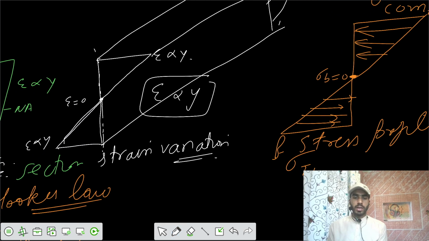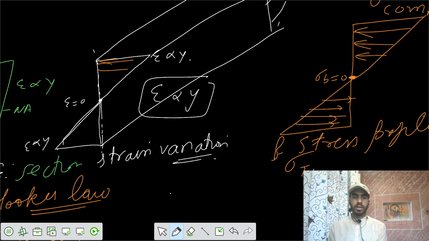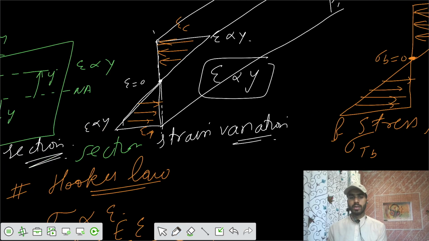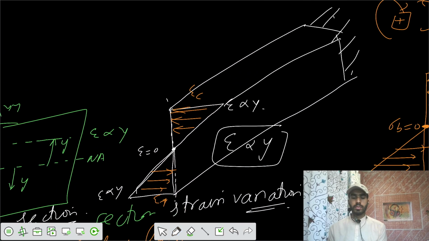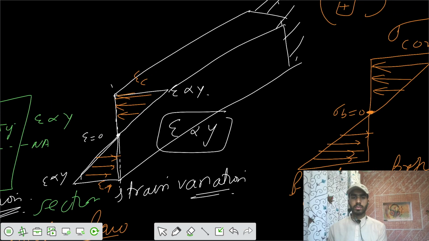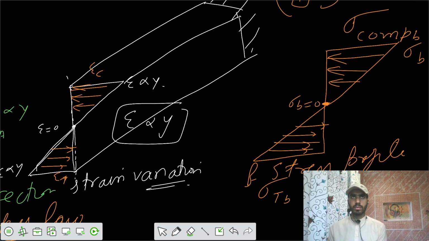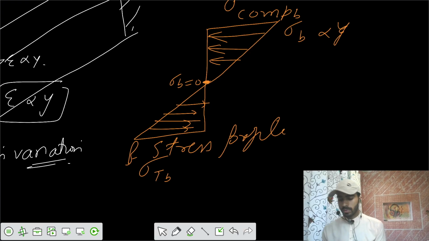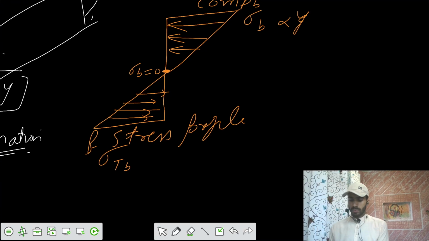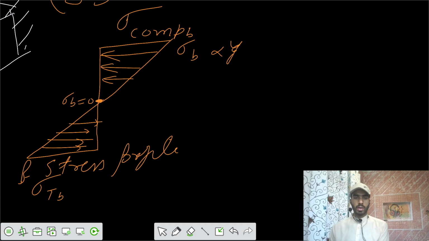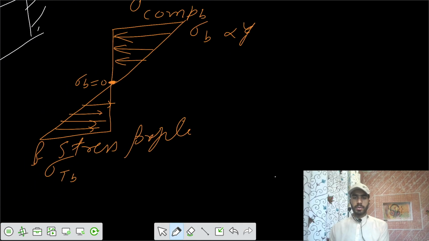Similarly, you have strains. Here the strains are compressive, and here the strains are tensile. So this diagram represents that.